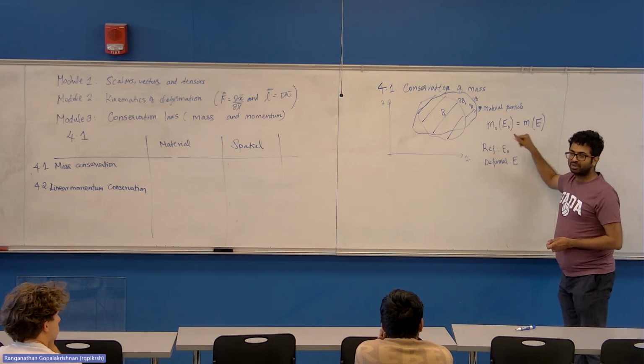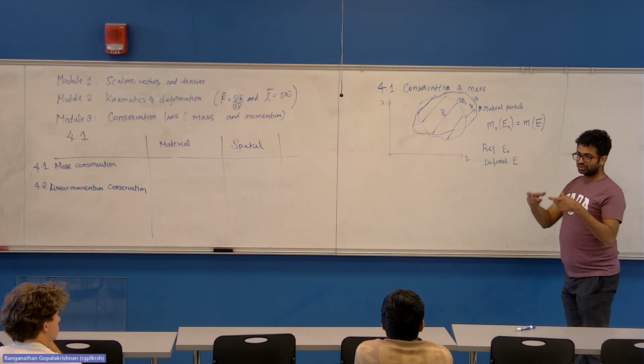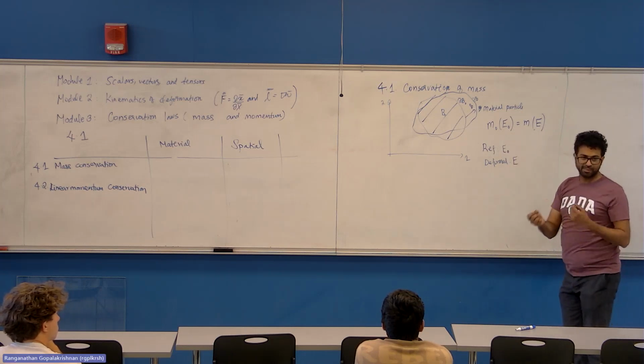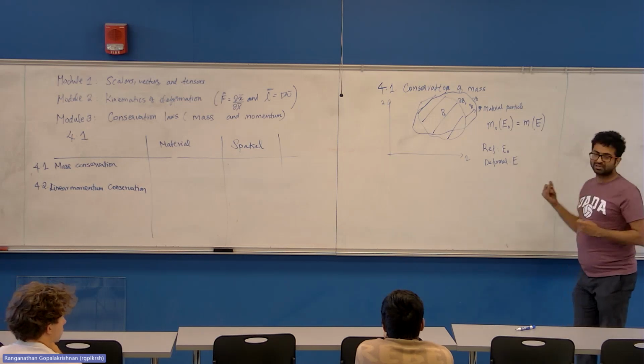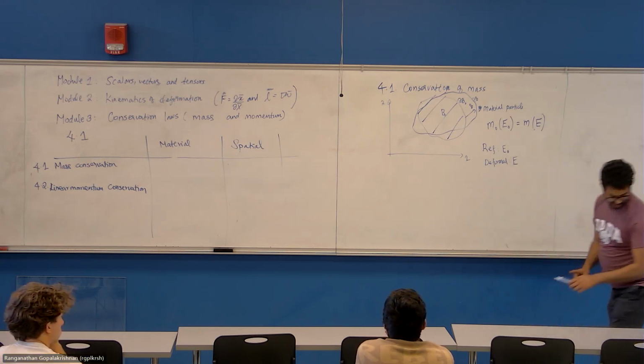We need a more space-resolved form. It has to be written as a function of position so that you can do some kind of analysis with it. Am I making sense to you? Just saying mass is conserved is correct but useless. Okay.